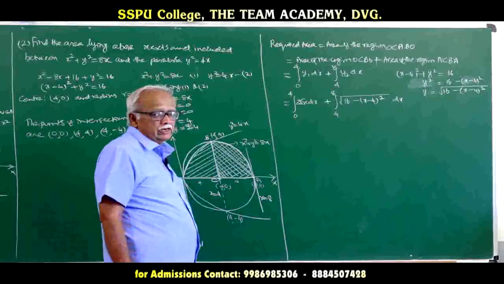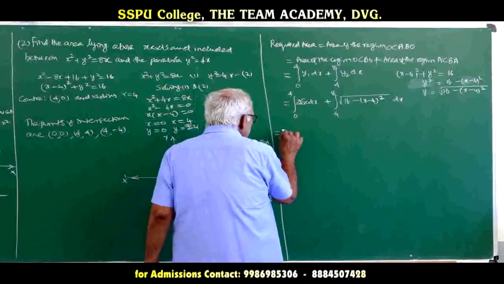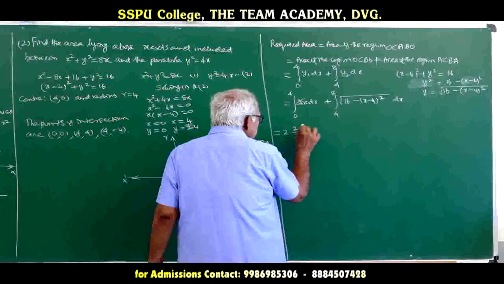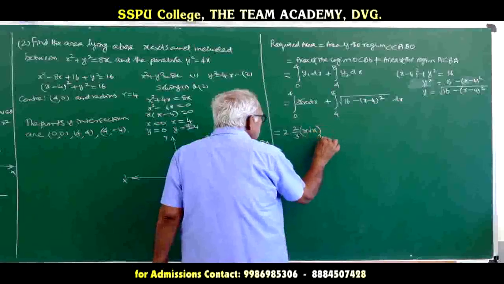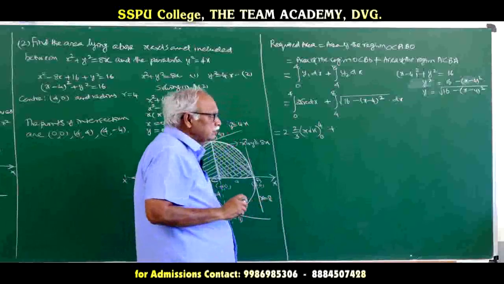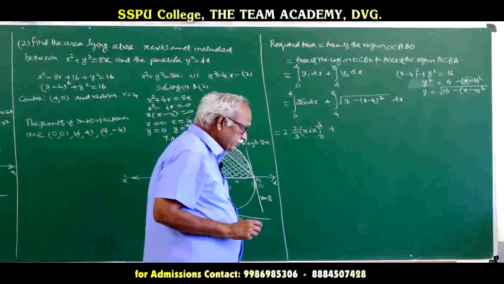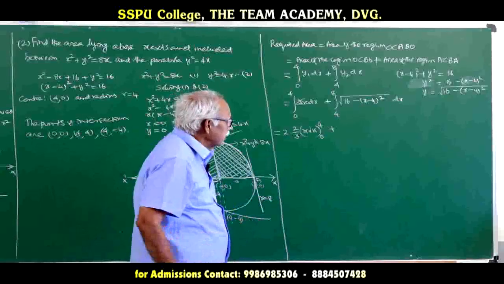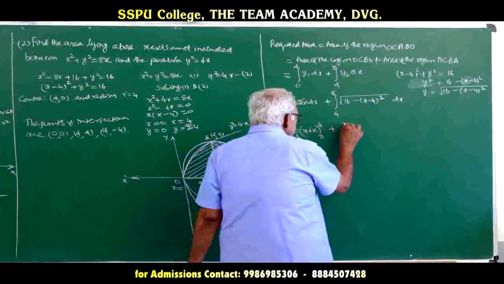Now, we have to evaluate the definite integrals. How to evaluate the definite integral? What is the root x formula? The integration formula is 2 by 3 x root x with the limits 0 to 4. And here, a square minus x square: in many problems we have come across the integral of root of a square minus x square. What is the integration for this?